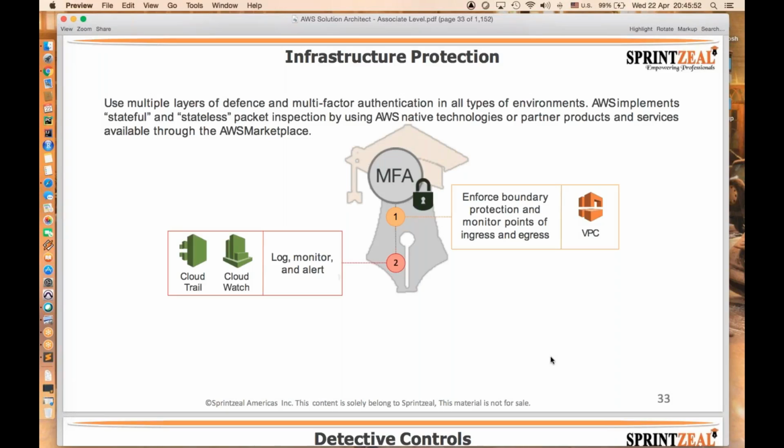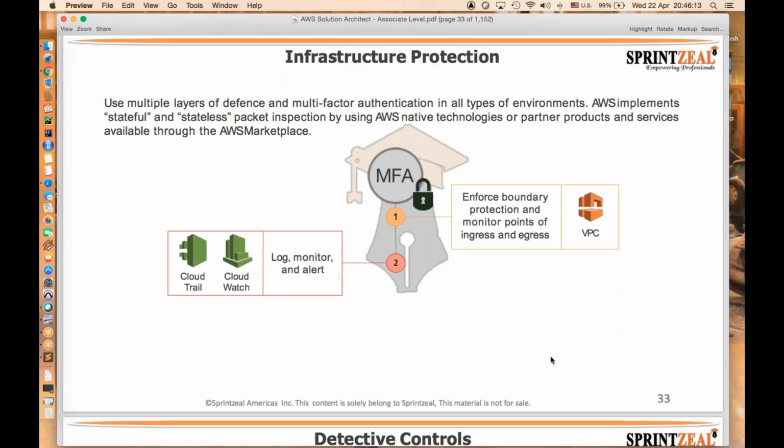Based on that, it will even ask for a code from the mobile device you need to configure when you are creating the user. It will give you an OTP kind of a password that you need to enter. It's a second layer of authentication to get into your services in the console, right? And that is always the MFA.